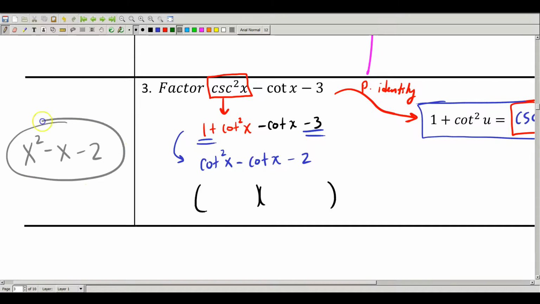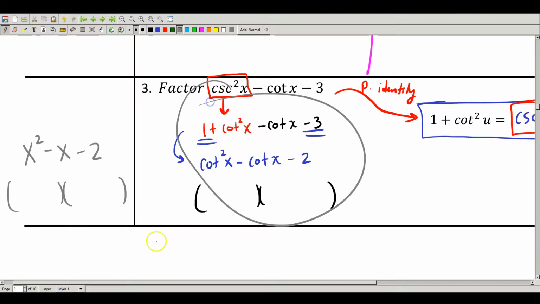Think of the problem that we're factoring like this. This is pretty much the same thing that we're doing over here. But instead of an x right here, we have cotangent x. So don't let those things confuse you. We're still doing the same exact type of problem. If you can factor this, you can certainly factor this. We're just using a cotangent x there instead of x.